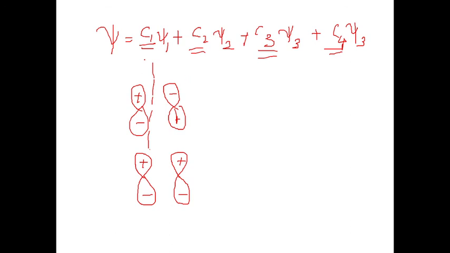And if C1 is positive and C2 is negative, C3 is negative, for example C1 is 0.5, C2 is minus 0.2, C3 is minus 0.2, and C4 is 0.5, here I am going to have 2 nodes. Here there is one node, here there is another node, because the positive and negative are located next to each other.